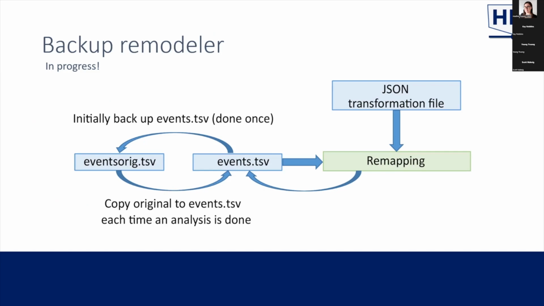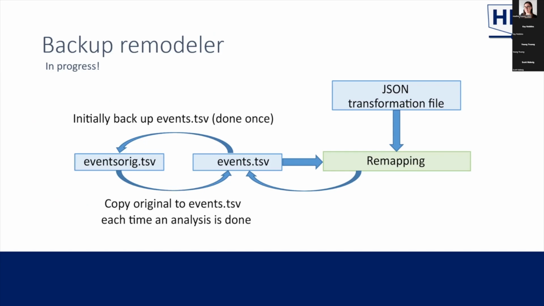And then on a copy of this backup, it will run the remodeler and create your new event files. If at any later stage you want to call the remodeler again, the remodeler will not work on the outcome of the previous remodeling instructions that were given.